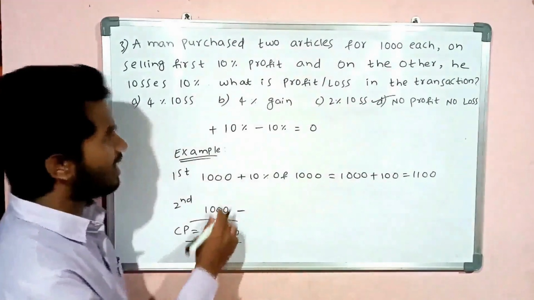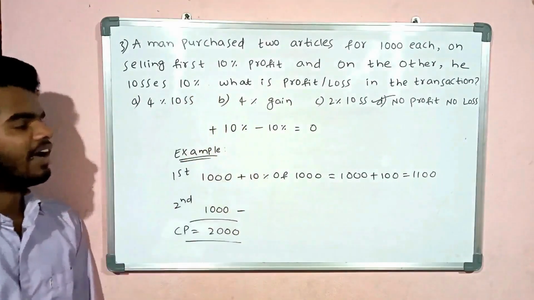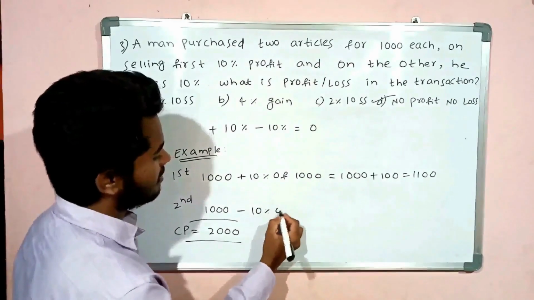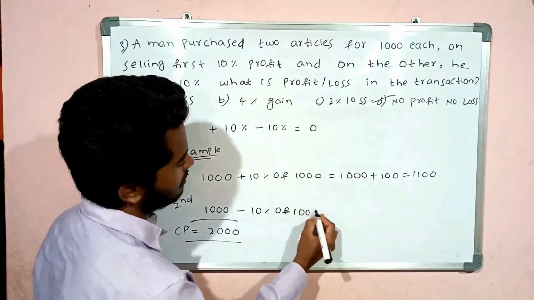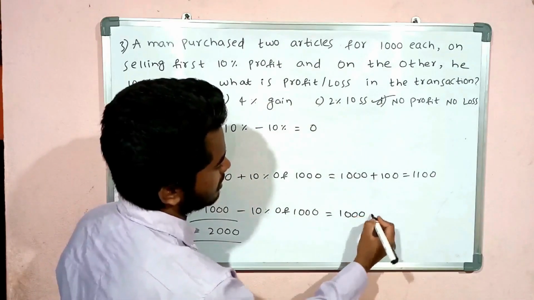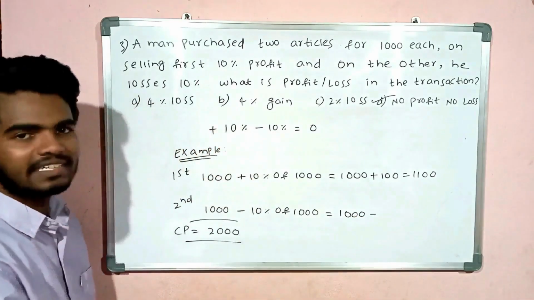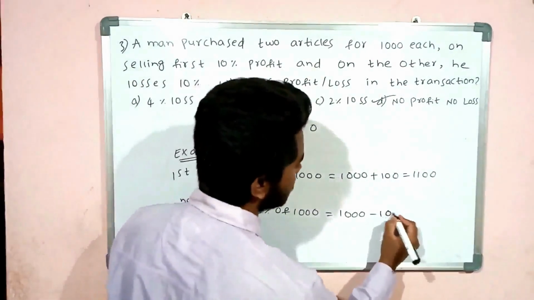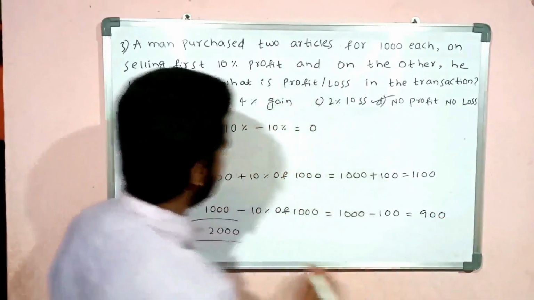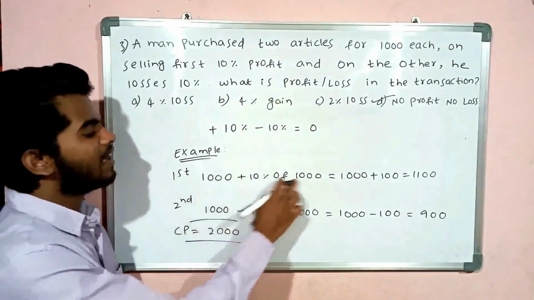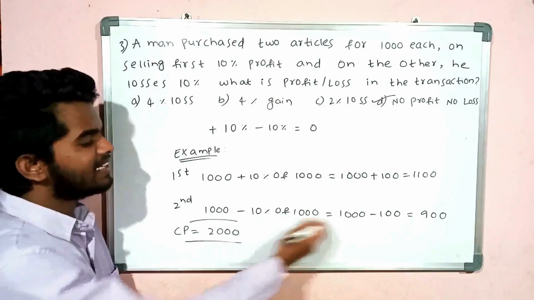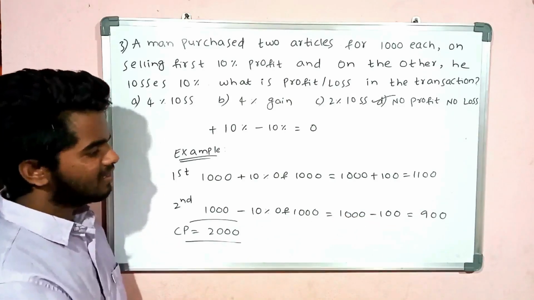And the other one is loss of 10%. So subtract 10% of 1,000. 1,000 minus 10% of 1,000, which is 100, equal to 900. So 10% profit gives 1,100 and 10% loss gives 900.